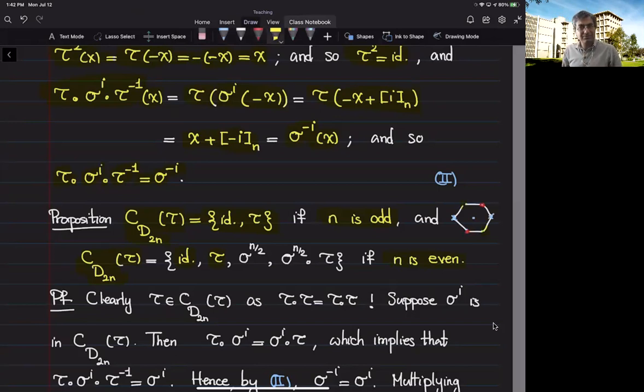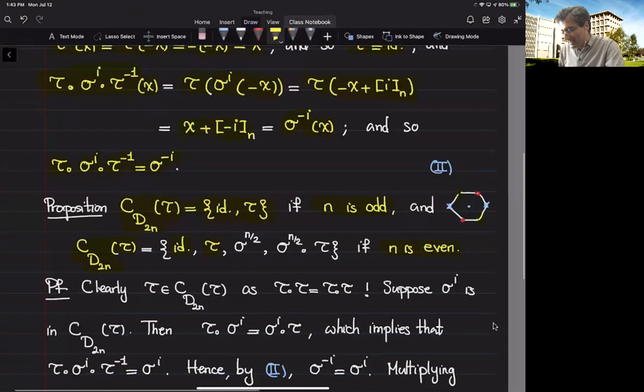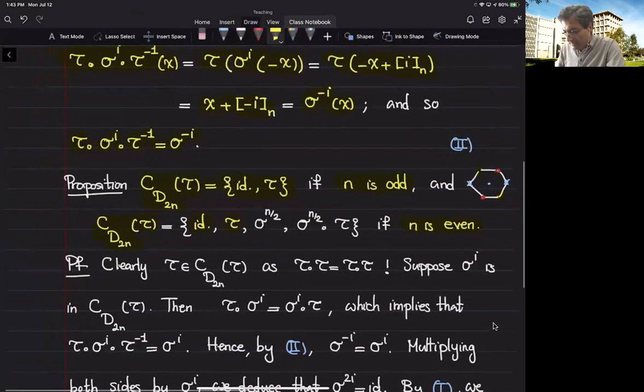So I have this central reflection that can also be viewed as a 180 rotation. That is sigma to power n half. And therefore sigma to power n half composed with tau is also a reflection, which commutes with tau. So when n is even, I have 4 elements inside the centralizer of tau, and when n is odd, I have only 2 elements.